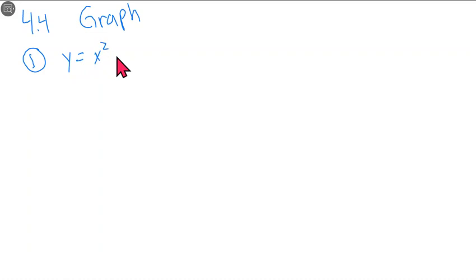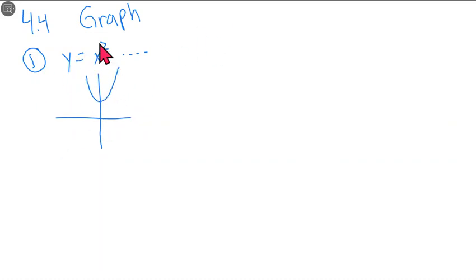Okay, this is the other stuff, and we're going to talk about analyzing the graph. The first thing I'm going to do is look at a parabola, and I'm going to make it concave up. Now, this is the whole equation.